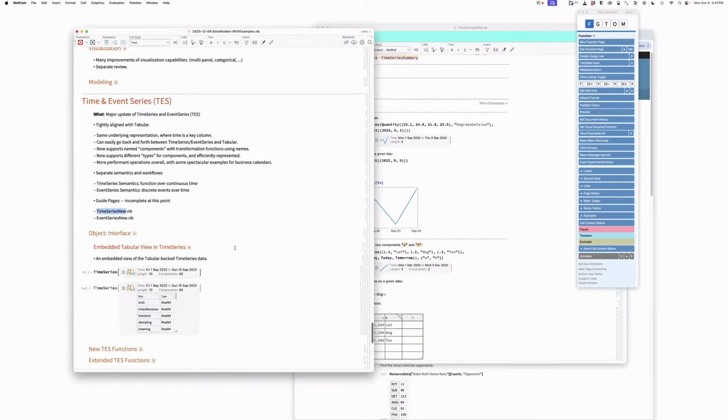One thing that we do like is something we added this morning. We wanted to show that time series is now very closely connected to tabular. But where is the click to view? Okay, can you evaluate that again, Stephen?